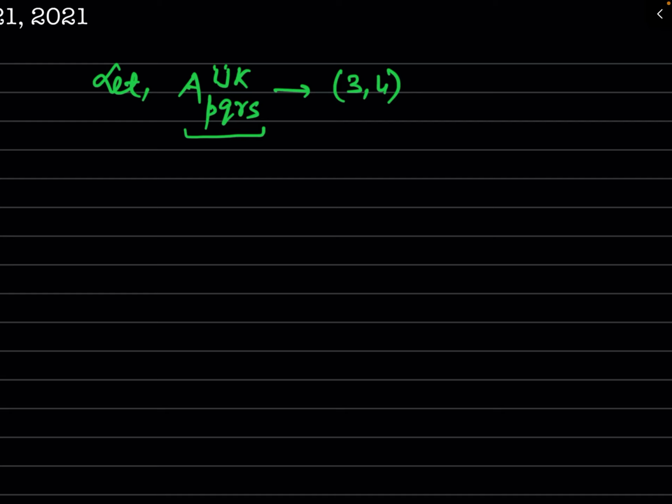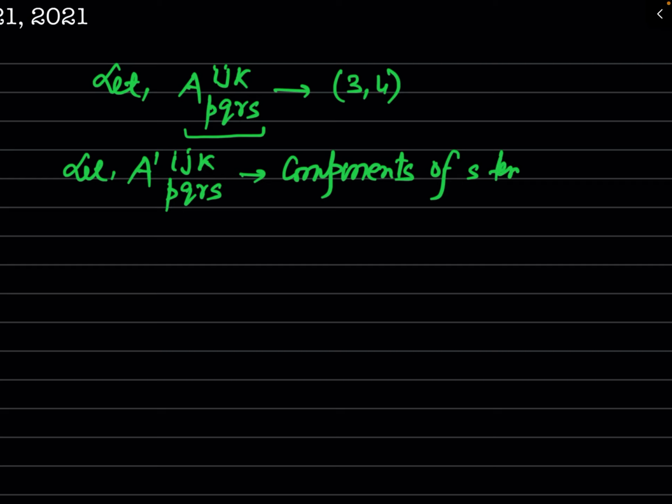You can easily say. Let us consider that A prime ^ijk_pqrs are components of a tensor, let us say A^uvw_lmnt, in frame S prime.